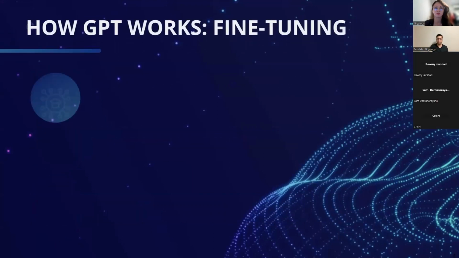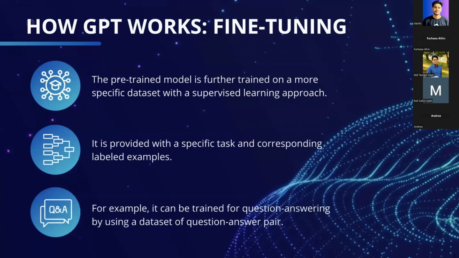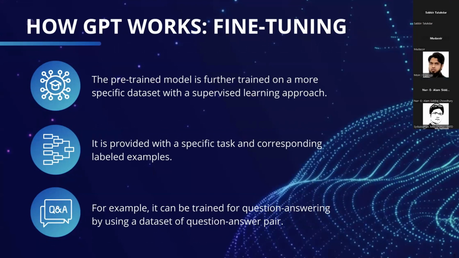So once you have a pre-trained model, that's when the fine-tuning happens. To be honest, to build a real-world application, fine-tuning is a must. What fine-tuning means is that you take the pre-trained model and further train it with a more specific approach or with a more specific goal.